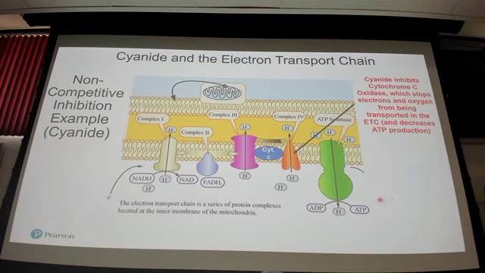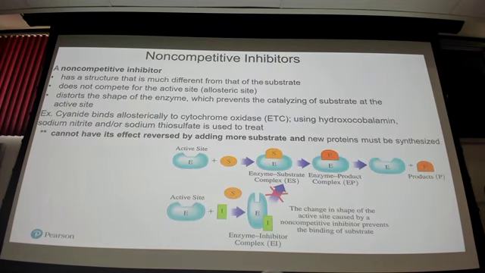So in this example, non-competitive inhibitor, the endogenous substrate is electrons, the inhibitor is cyanide. So for non-competitive inhibitors, the structure of the inhibitor is not related to that of the endogenous molecule because it acts on a different site.